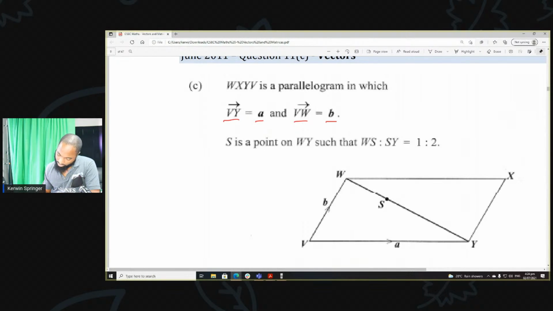So there are things that are already drawn. S is a point on WY such that WS is SY. This diagram is not to scale. WS is like 1 part and SY is like 2 parts, so it means they're dividing it into 3 parts.